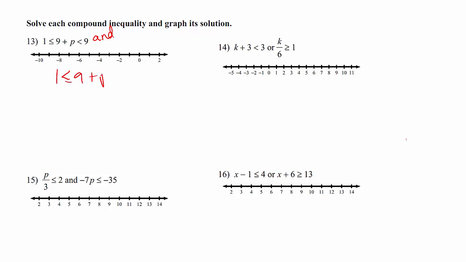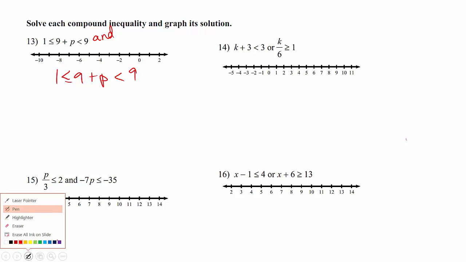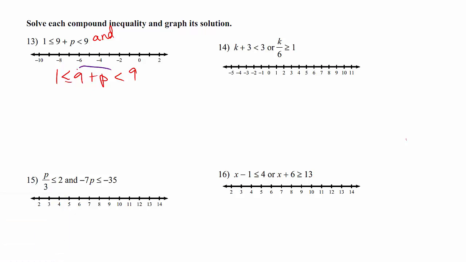So what we want to do is look at the middle of this inequality, and say, if I was in an equation and I had 9 plus p and I wanted p by itself, what would I do to get that? I would subtract 9 from both sides of my equation. Well, we have an inequality, we actually have two inequalities.